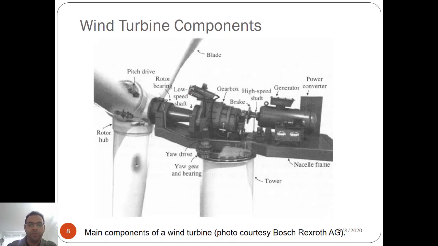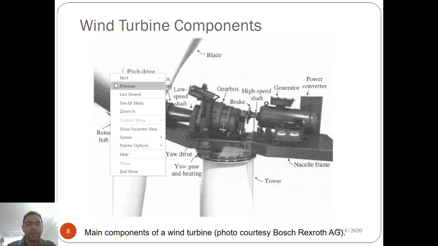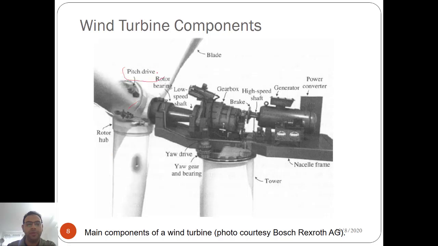So here, this is your pitch mechanism that we will discuss shortly. Then we have our rotor blades. Rotor blades are also very important components that convert kinetic energy into rotational energy.